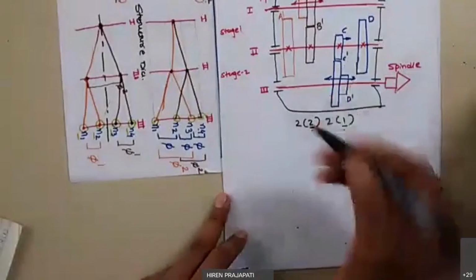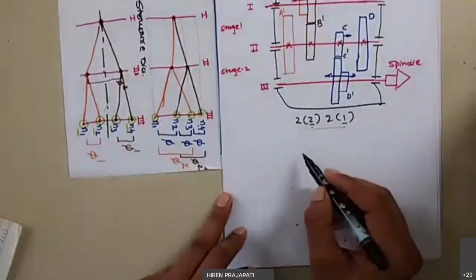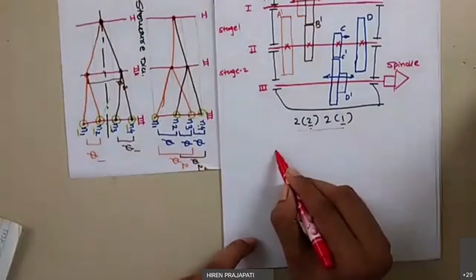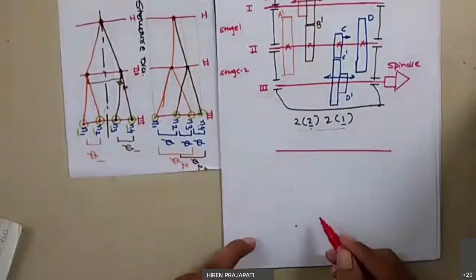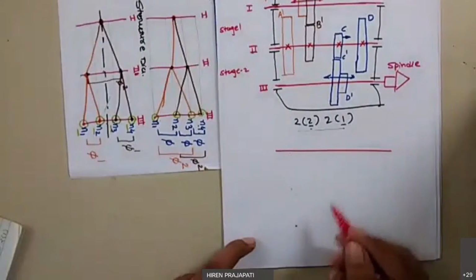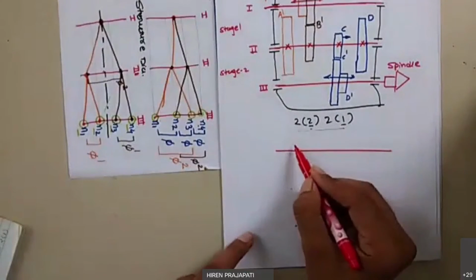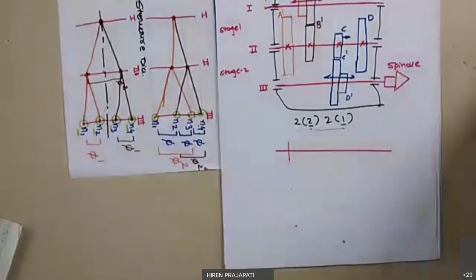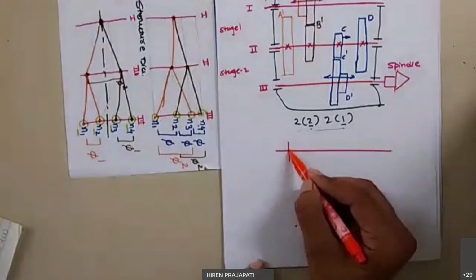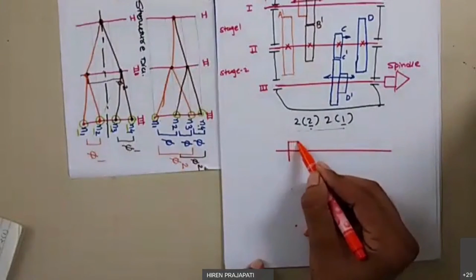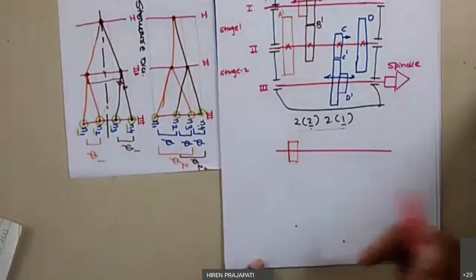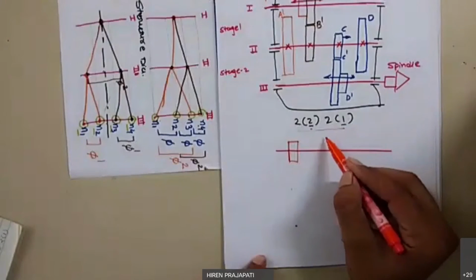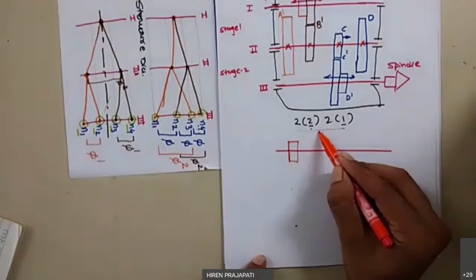If I just draw this diagram, where I consider this is the input shaft. On that input shaft, we have, suppose, two gears. This is gear 1 and this is gear 2.